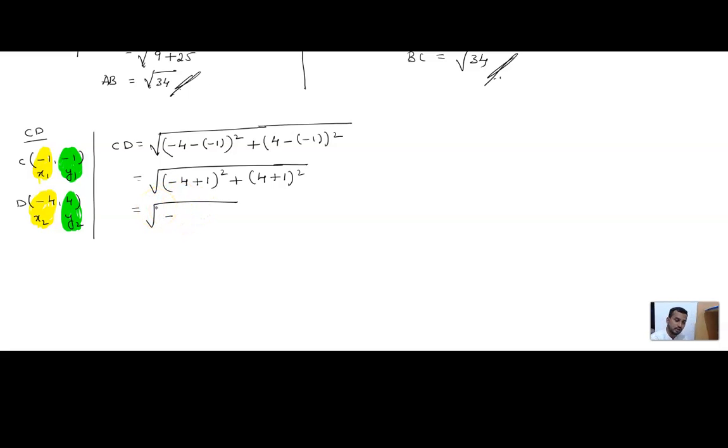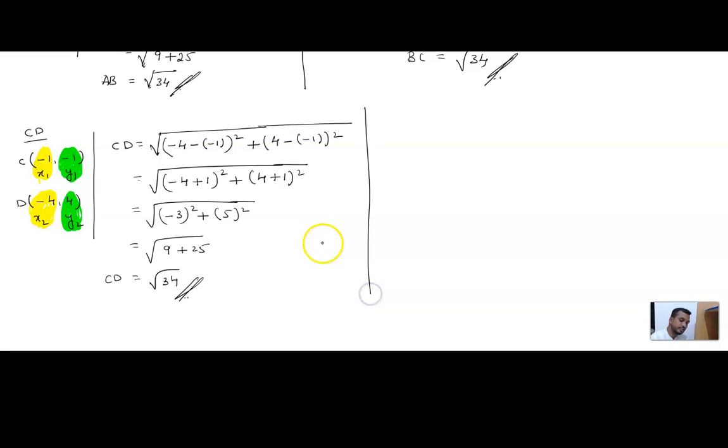Then do the opposite calculation, that is 4 minus 1, that is 3 whole square, plus 4 plus 1, that is 5 whole square. Then root of minus 3 whole square, that is plus 9, plus 5 square, that is 25. So 25 plus 9, that is root 34 units. So the value of CD is root 34 units.